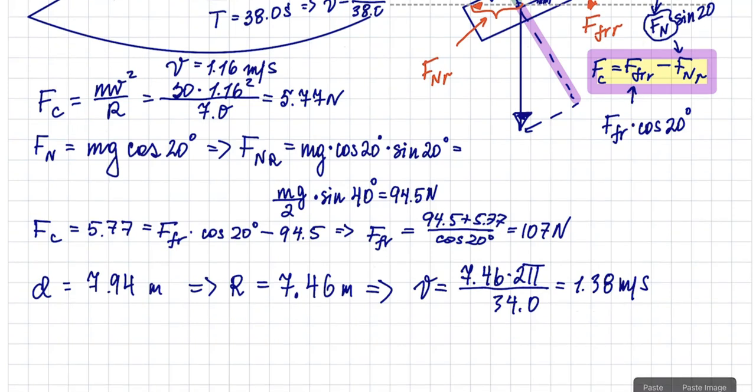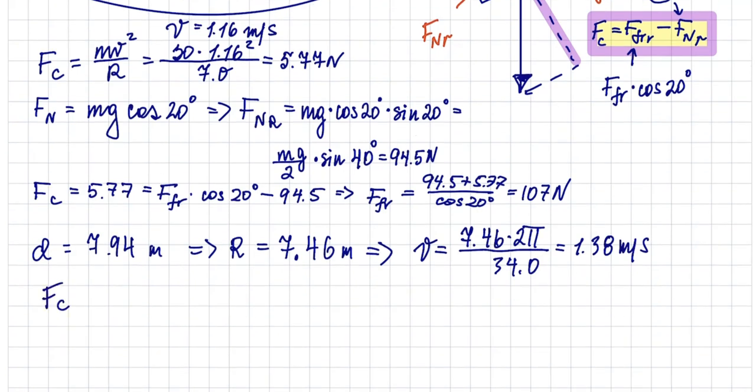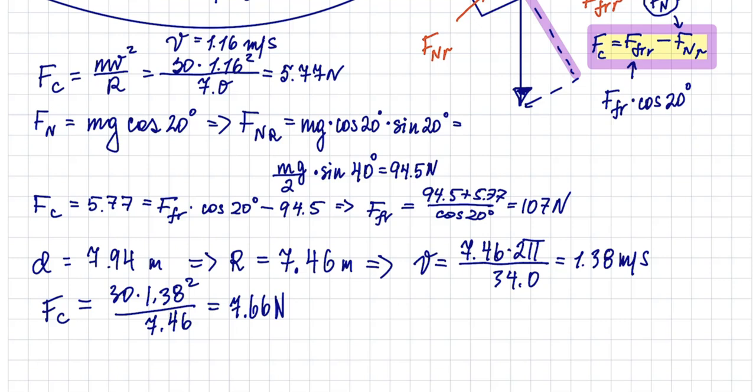From our new speed, we get our new centripetal force being 30 times 1.38 squared over the new radius of 7.46. So back to figuring out centripetal force is going to be, again, mv squared over r with the new v and the new r amounts to 7.66 newtons.